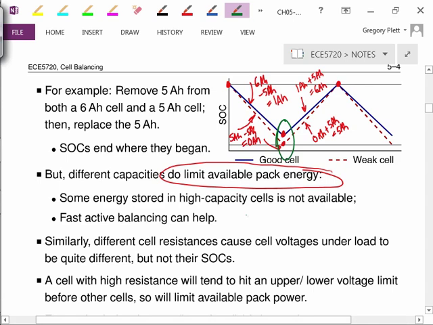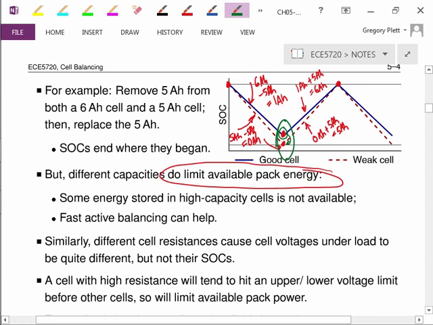So if we have a way of actively balancing the battery pack quickly, passive balancing dissipates energy. If I use passive balancing, sure, I could make that cell have 0 state of charge at the same time as the weak cell, but I've just wasted all the energy as heat, so I don't get any usefulness out of it.